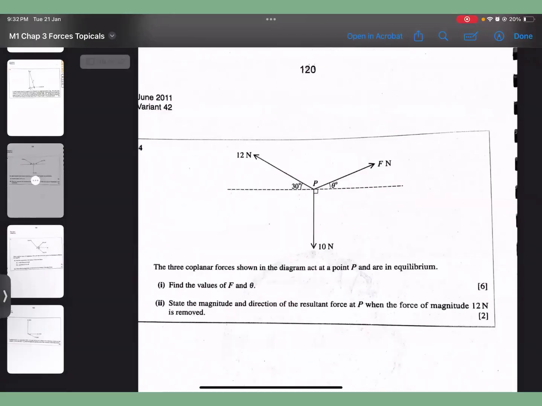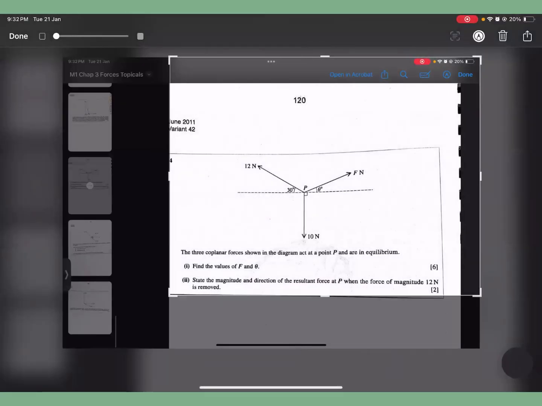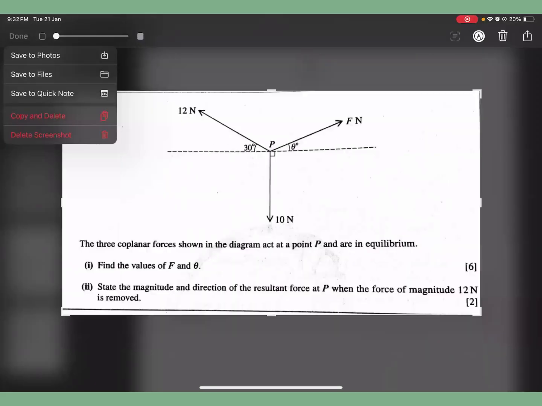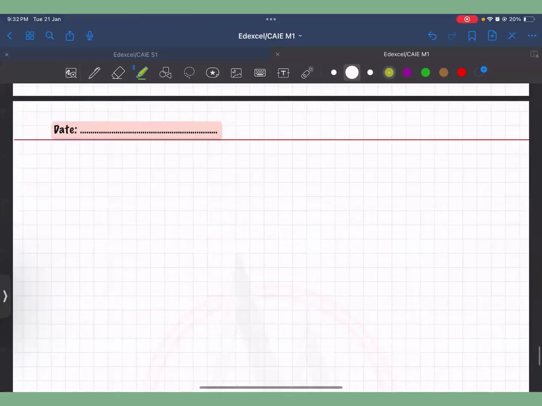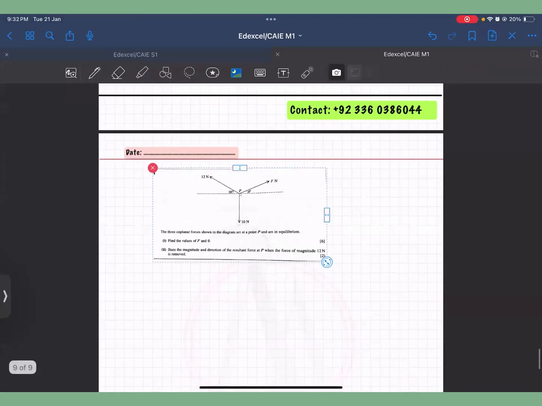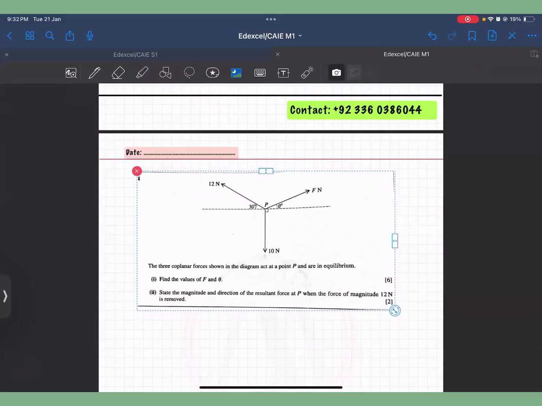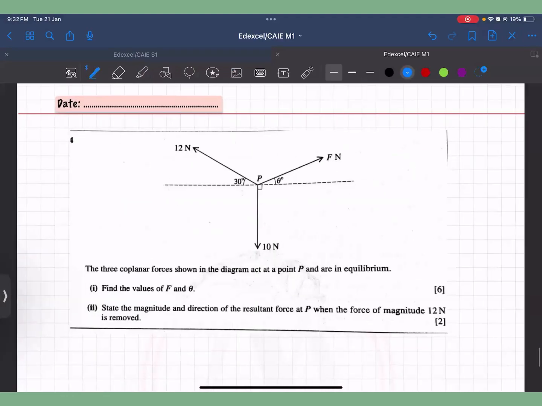Okay, let's do this one. The second part is more interesting, I think. The first part is again very repetitive. The next thing we'll do is find a question from very recent past papers. Do your work neatly, properly, and you will always get the right answer.